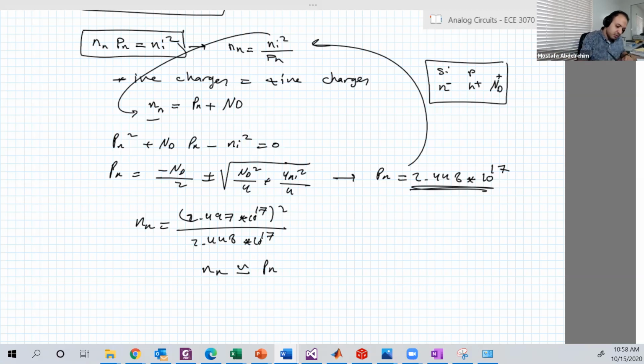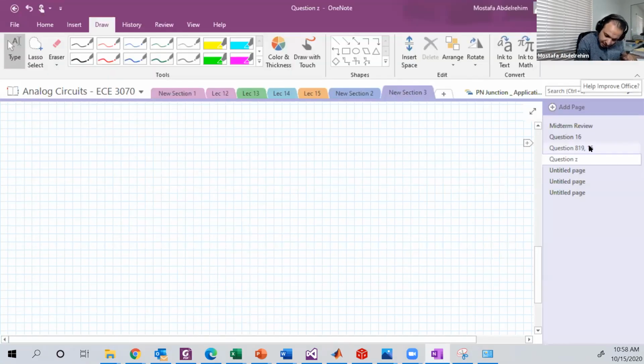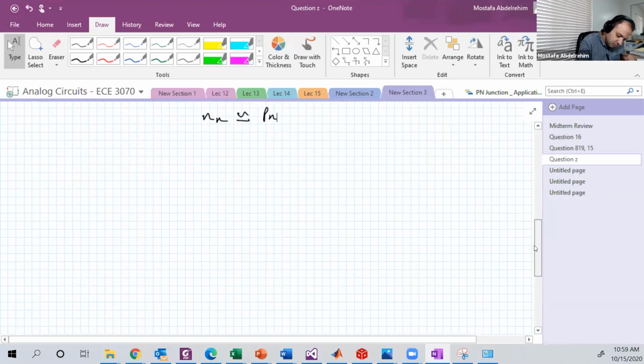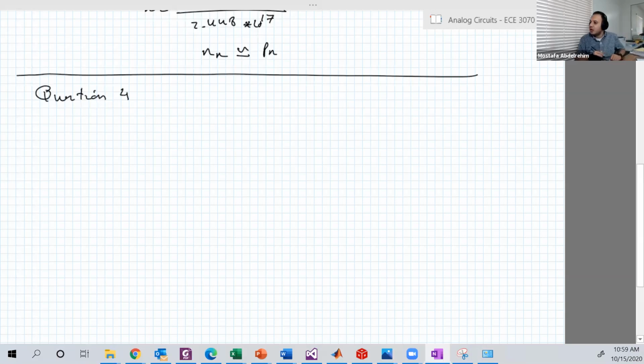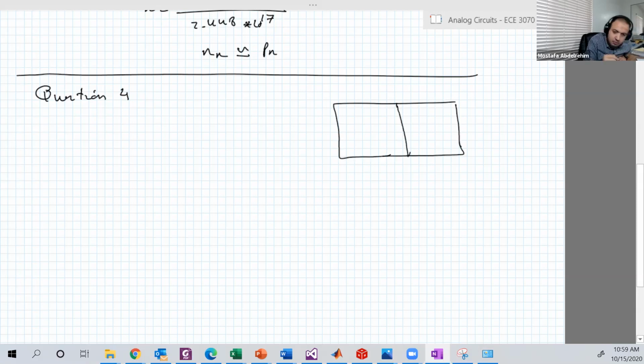Let's do question 4, because it's good also. So in question 4, any p-n junction should have an n part and a p-type part, okay?